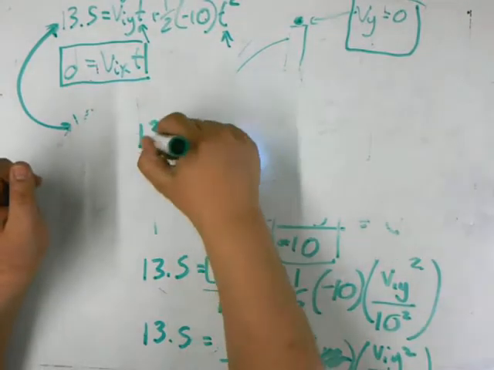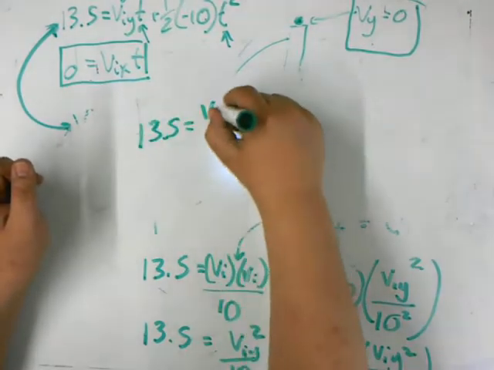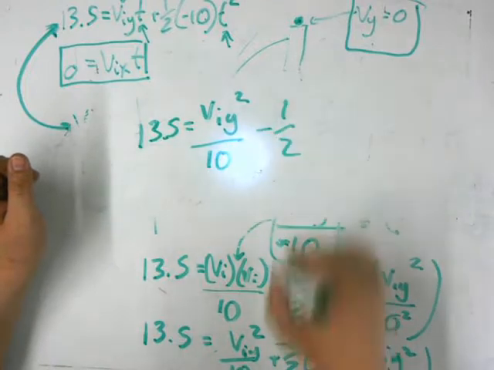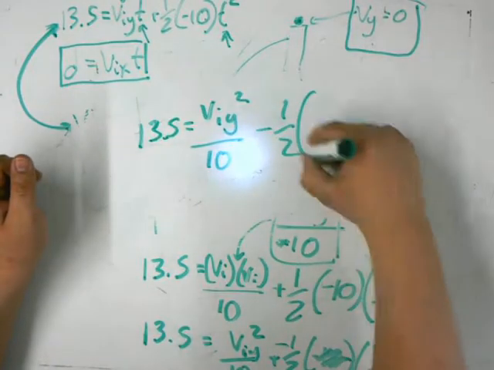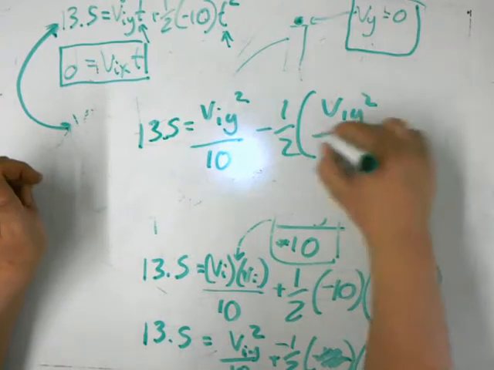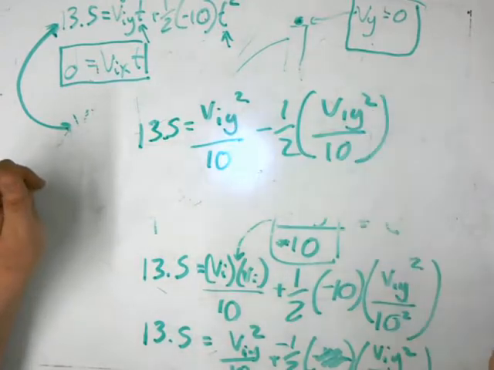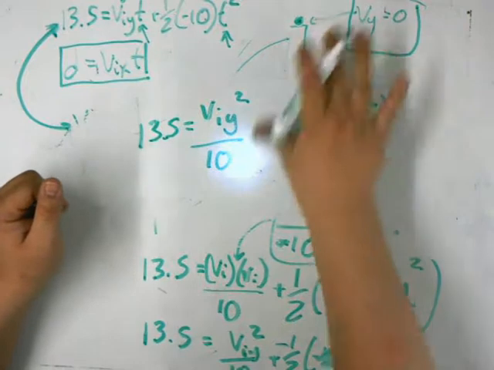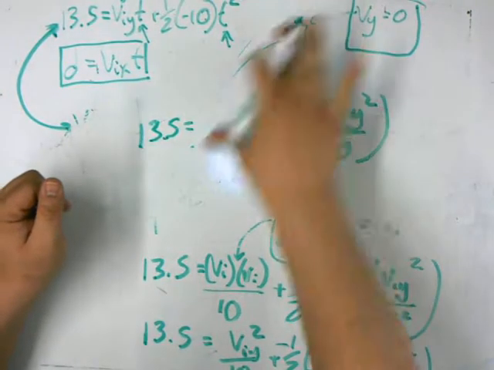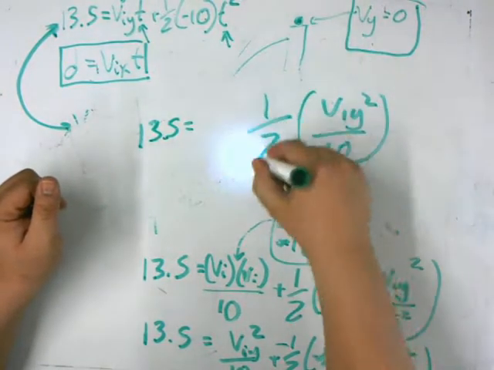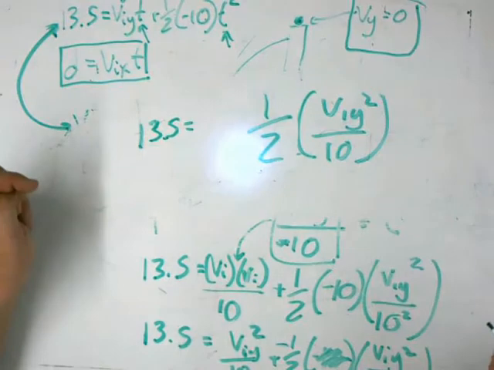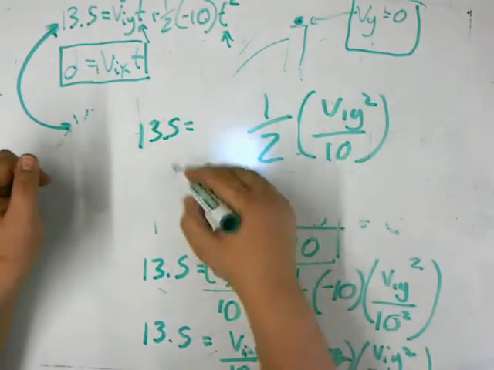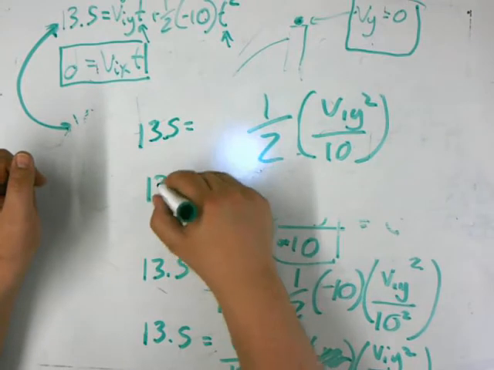Same common denominator, I can bring them together, and I'm left with 1/2. At that point, it's a simple solution. Carry that over, have a 20, multiply by 20. So we get 13.5 times 20 is equal to V initial Y squared. Ta-da!